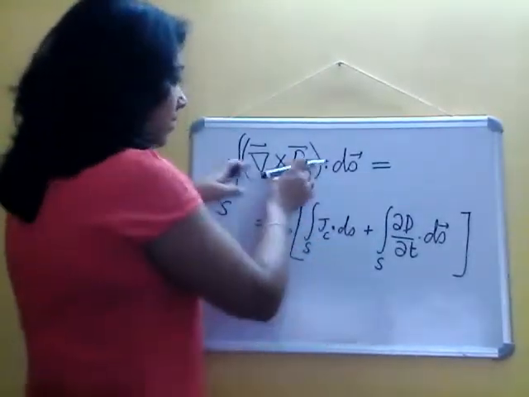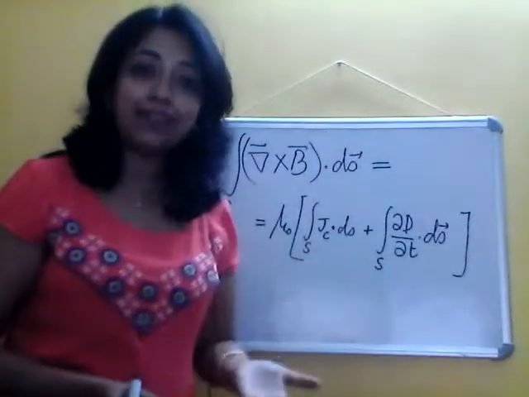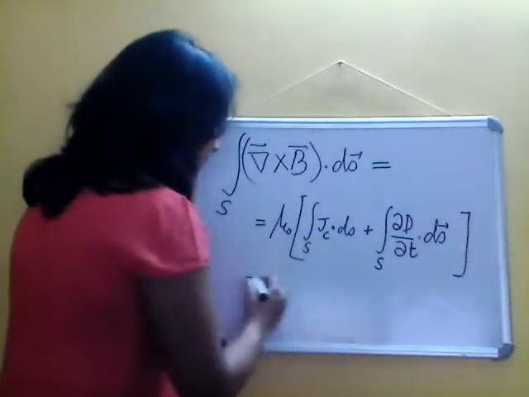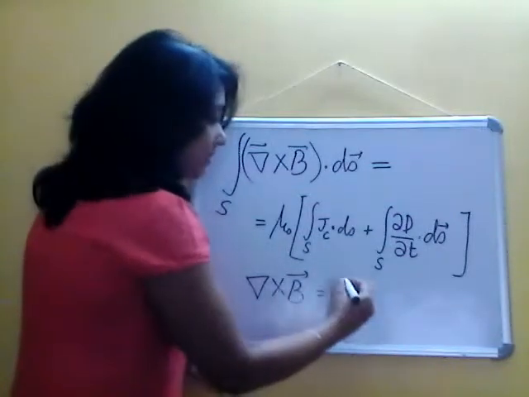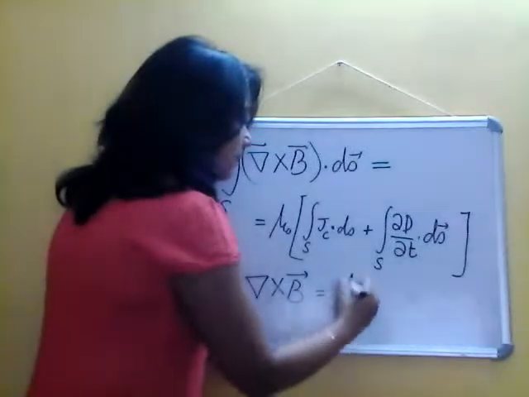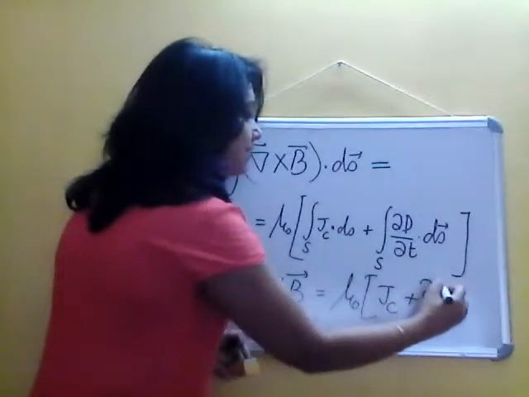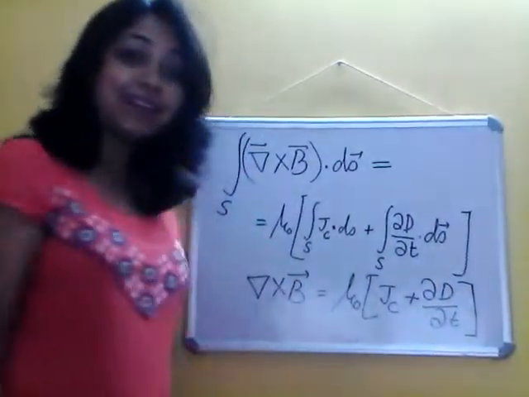So in this scenario, equating the left hand side and right hand side integrals, I will be getting curl of B is equal to mu 0 times Jc plus del D del T. And here we are.